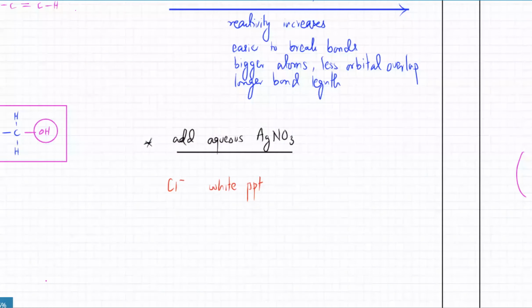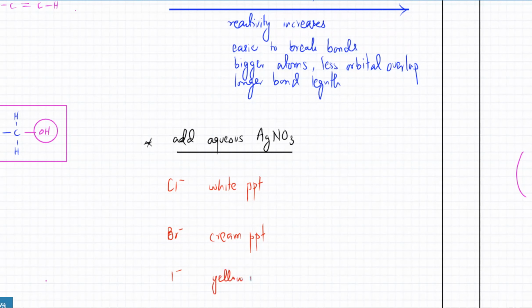If it's Br-, then you get a cream precipitate. So basically this one is bromine. And the third one is if you do I-, you're going to get a yellow precipitate.